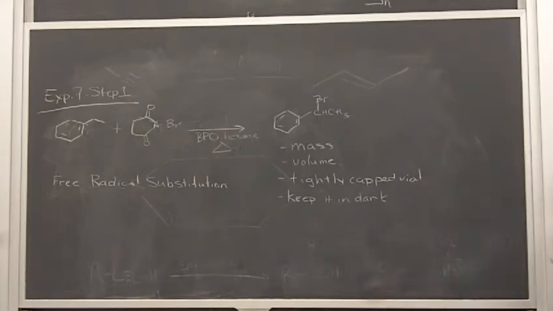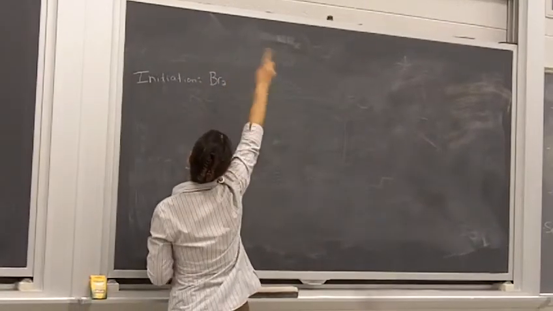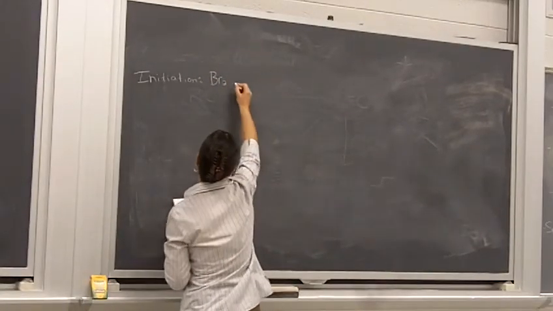these steps, okay? And so our radical substitution reaction, when you're talking about radical chain reactions, what do you always start with? Initiation, right? So our initiation step is our bromine that's generated from our succinimide, okay?